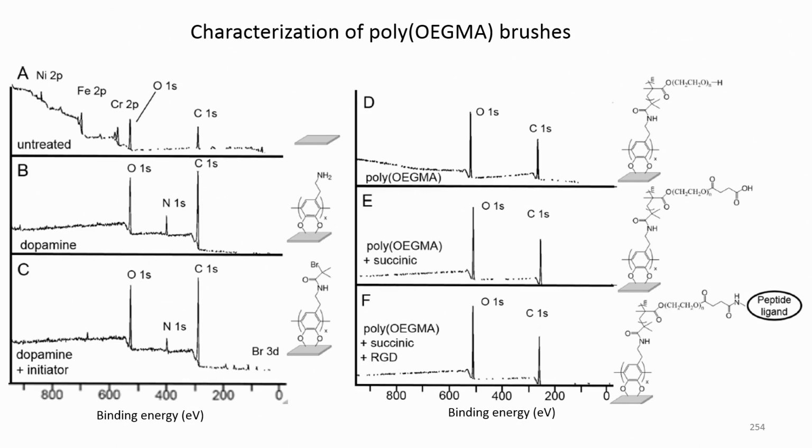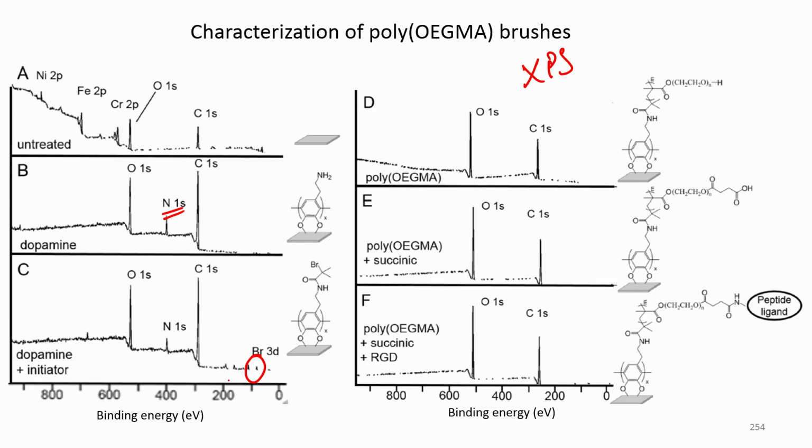So, here are some of the results. They have done some characterization of these surfaces. What they find is, yes, the modifications happen. This is an XPS image to find what elements are there. Compared to the untreated, you see a very different profile where dopamine has come in, a lot of nitrogen has come in from the dopamine, and then you have added an initiator where a bromine peak has showed up.